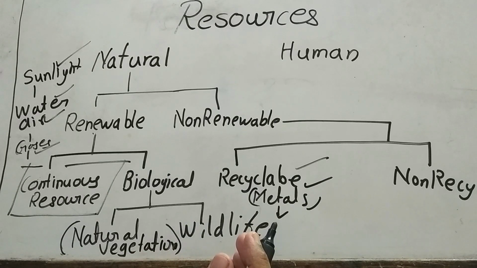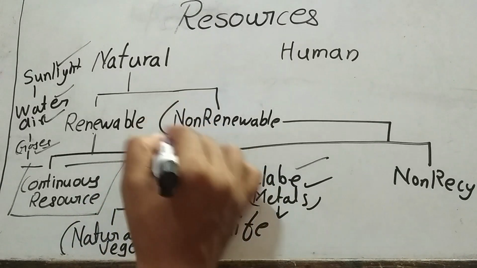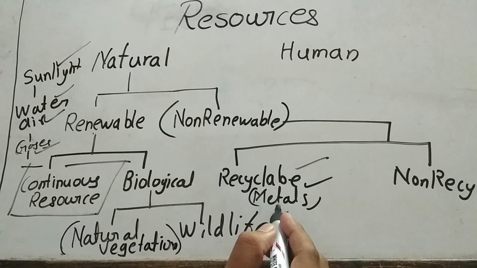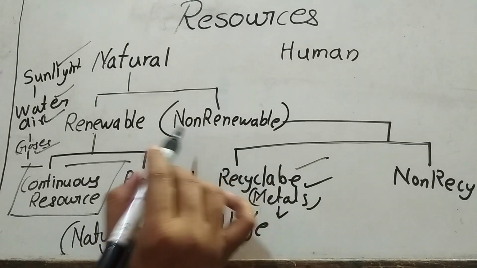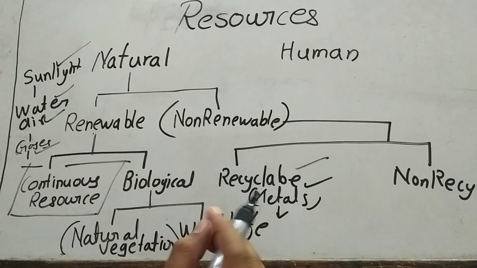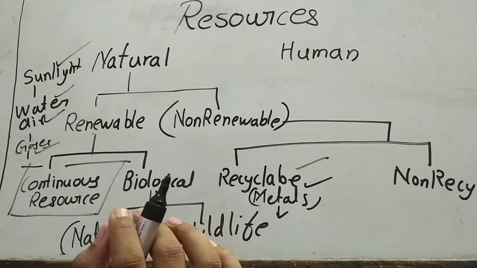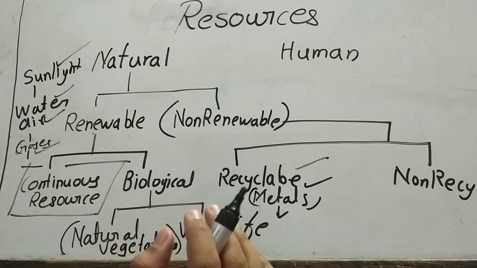Even some kind of fibers and some kind of paper material also come under recyclable. These are non-renewable. Metals can be recycled, but they do not renew themselves. Okay, means once we use it, once we extract it from the mines, it will exhaust. Definitely it will exhaust. Once we use it, it will be over.